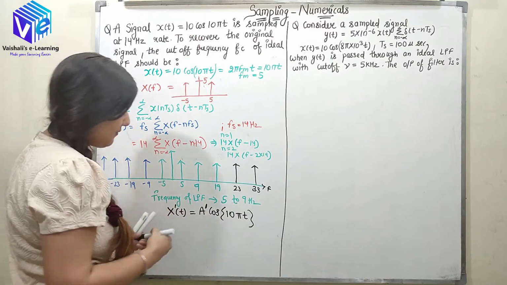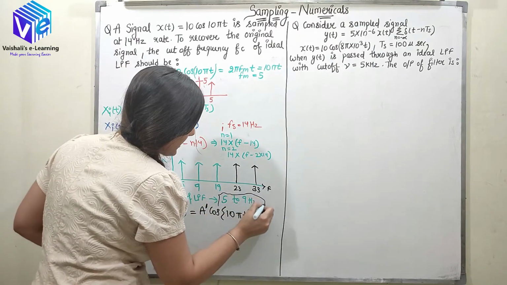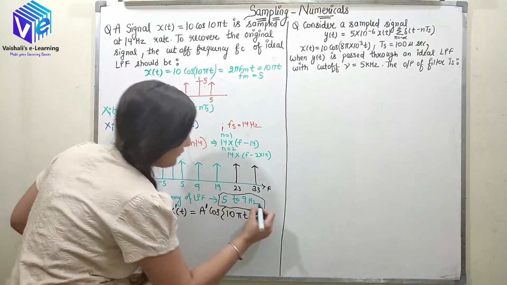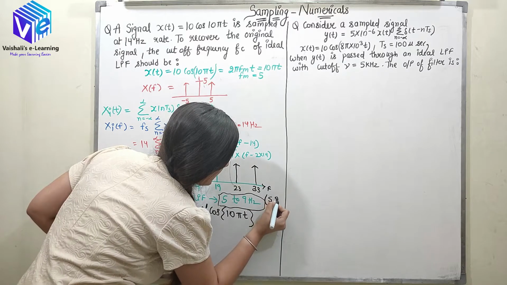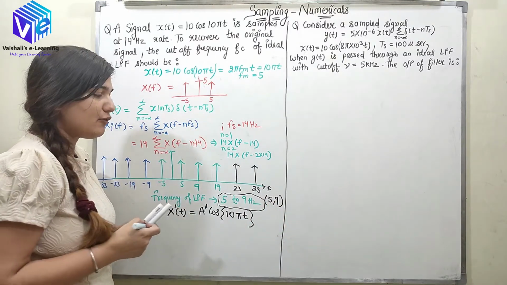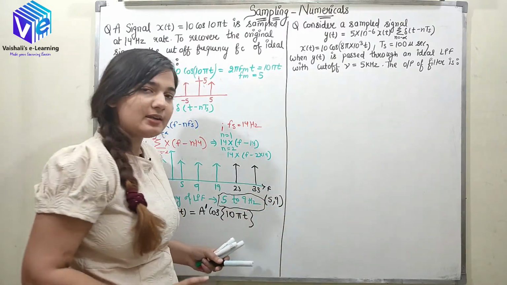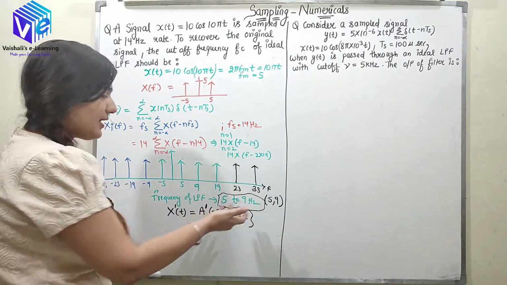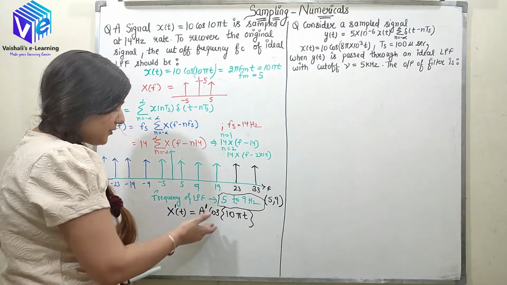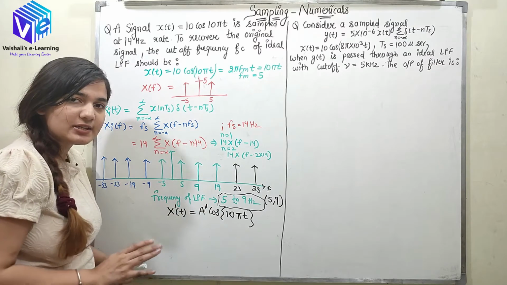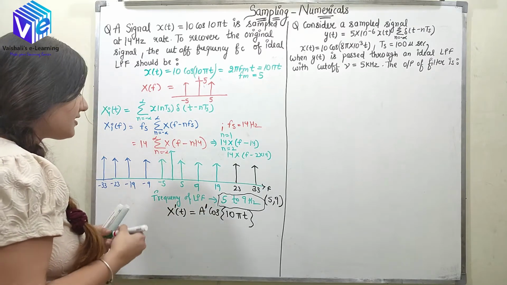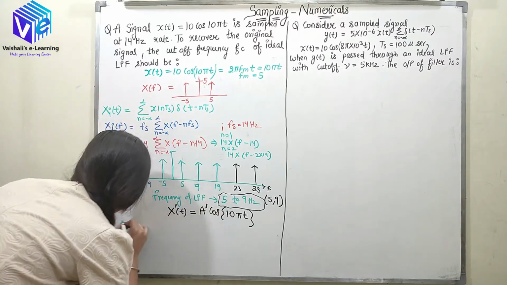So with the help of the low pass filter which is having the frequency range in between 5 to 9, I cannot take the value 5, I cannot take the value 9. So in between that, if I take an ideal low pass filter, it will give me this x dash t, which is the desired output.